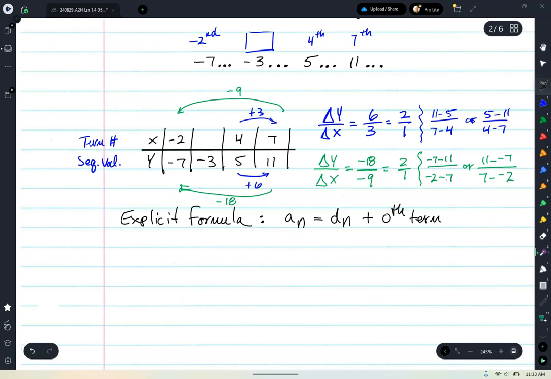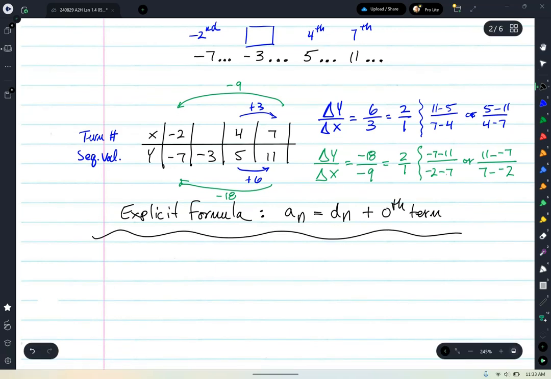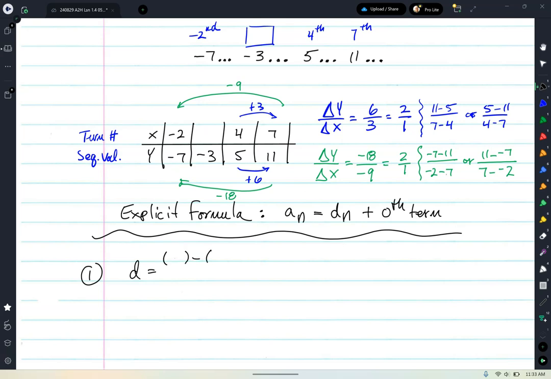Okay, so let's do this. Number 1, our simplified D comes from some subtraction problem of the y's. If we take some sequence value and its partner term value minus another sequence value and its term value, that's literally the slope formula.